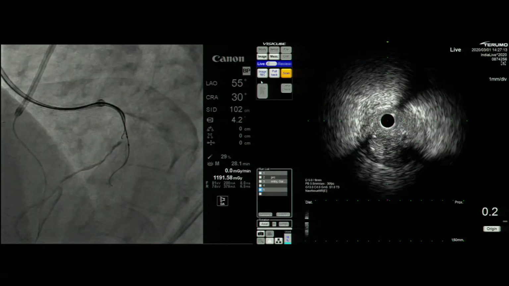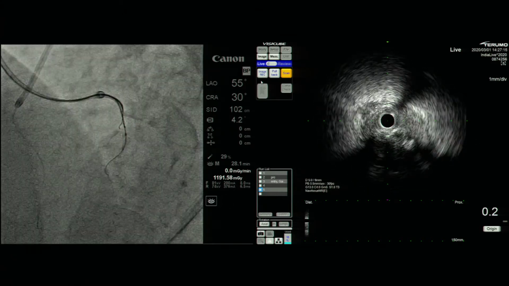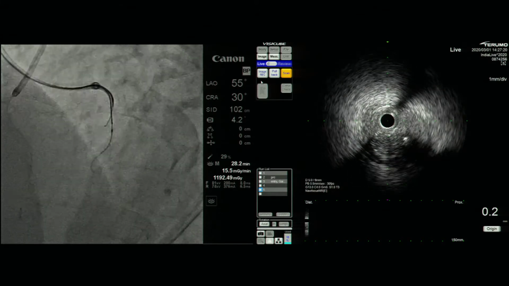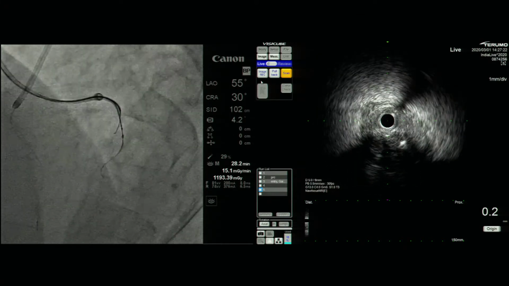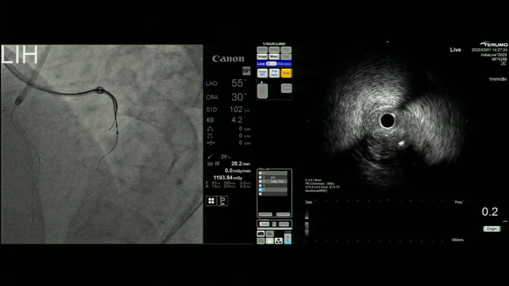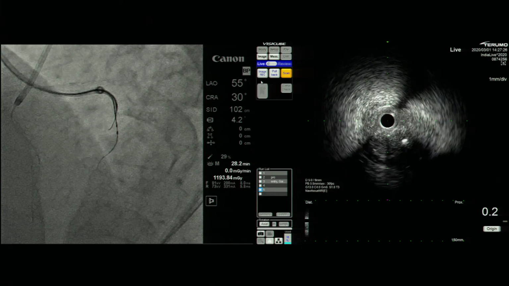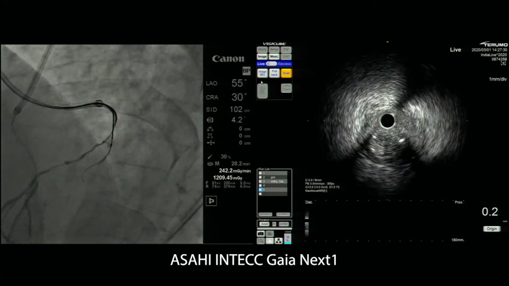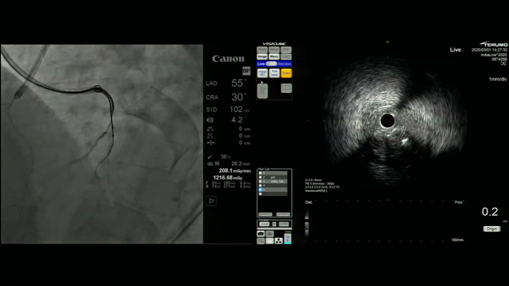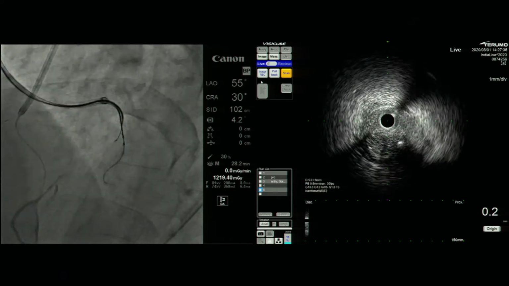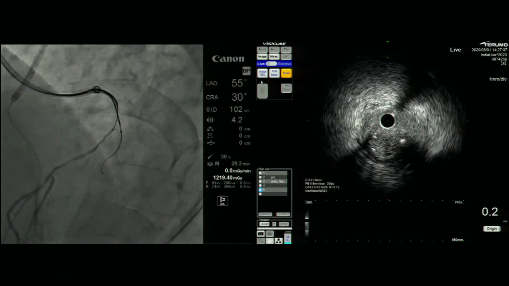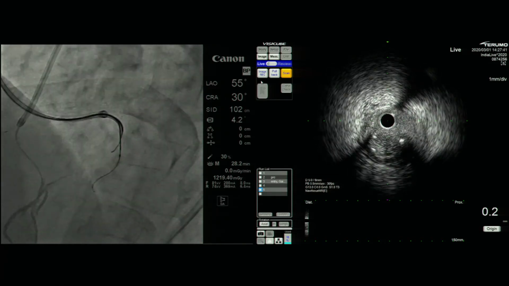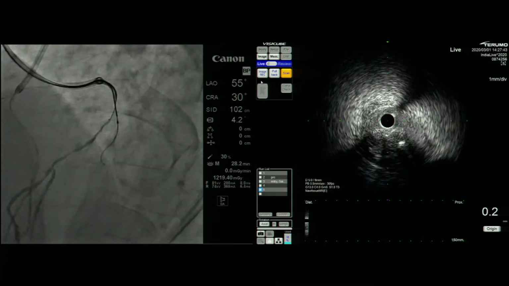Okay, so I will use the angle guide at this moment. Okay. Very close, yeah, it's very close. Then let's try cranial in the other projection? Yes, cranial.